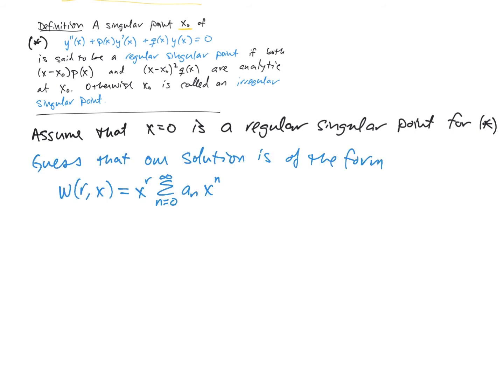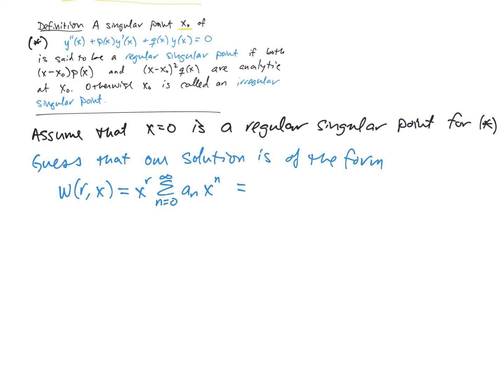We're going to call it w(r, x), because it's a function of x, of course, but then it's a function of r too, because we don't know what r is. So we know it has this form, and then we're going to try to figure out what r is. So we can write it like x to the r times a power series, because a power series is an analytic function.